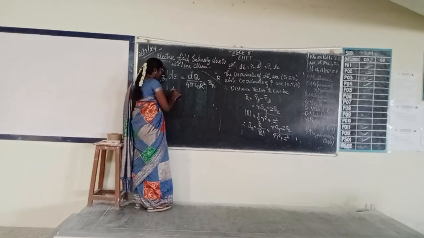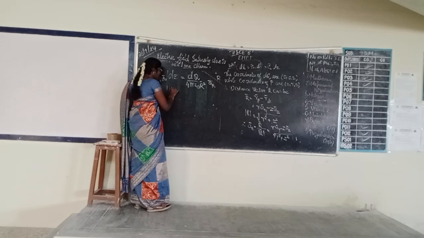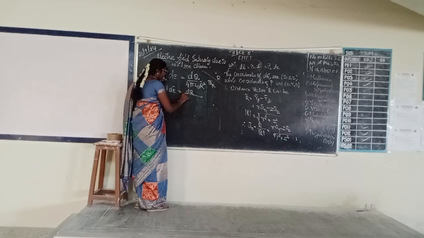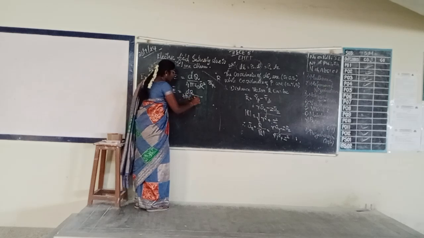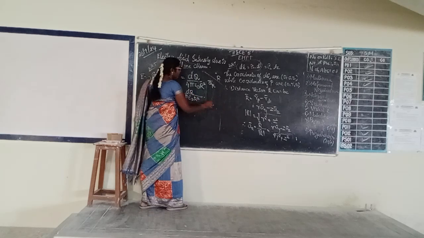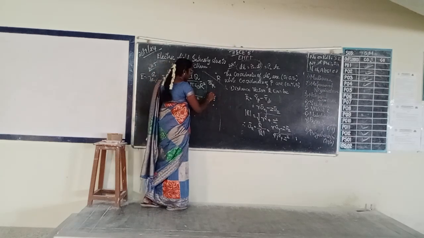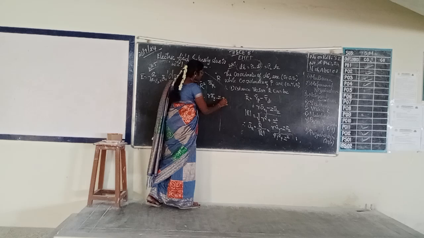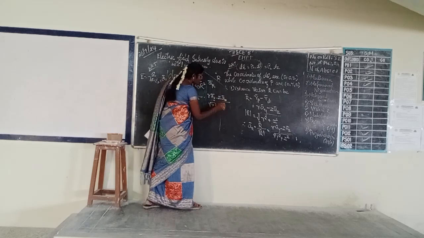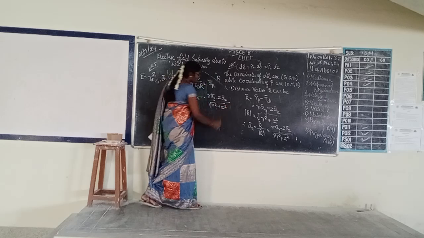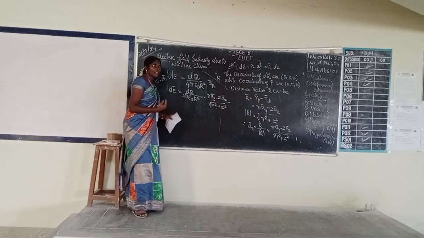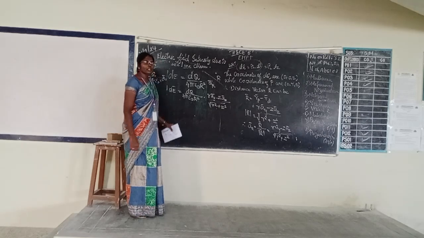Now we can write it. dE vector is equal to dQ divided by 4 pi epsilon naught r square, into what we have found for a_R vector: r a_y vector minus z a_z vector divided by root of r square plus z square. Clear up to this? Now, for the calculation purpose, one thing we are going to consider.